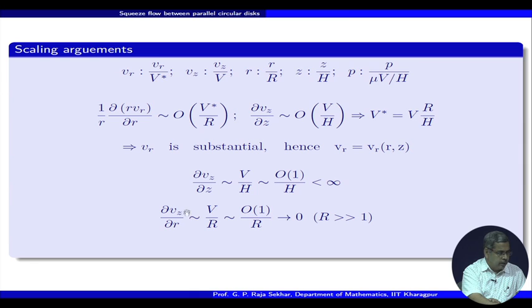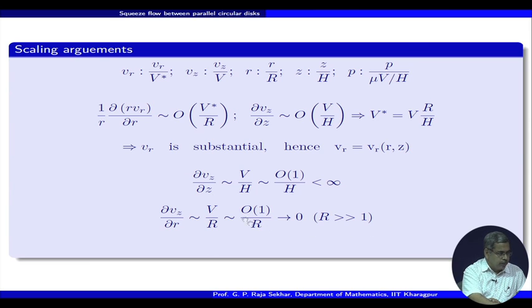On the other hand, if you consider this, this is of order v by r, and our assumption is r is much larger, so this goes to 0. That means the radial variations of the axial velocity are almost negligible, because r is much larger.